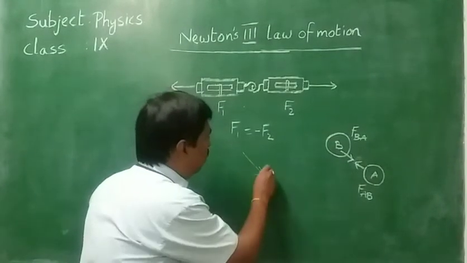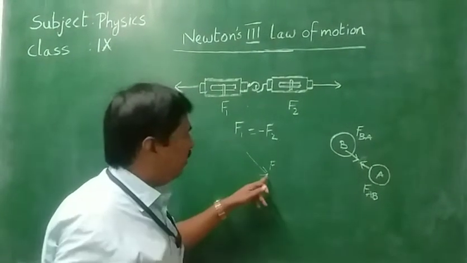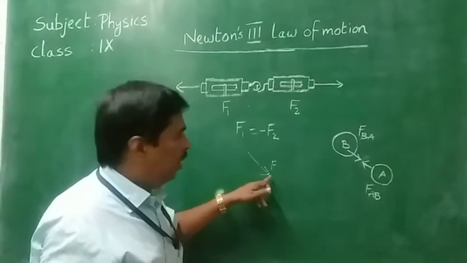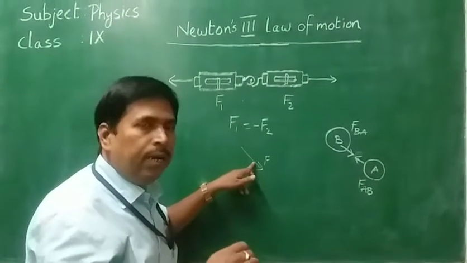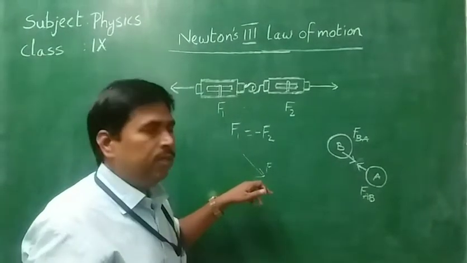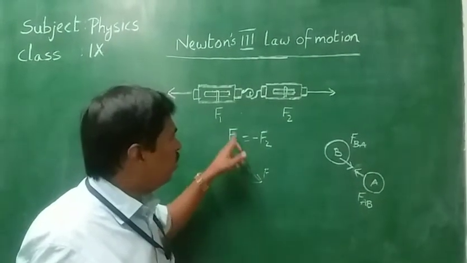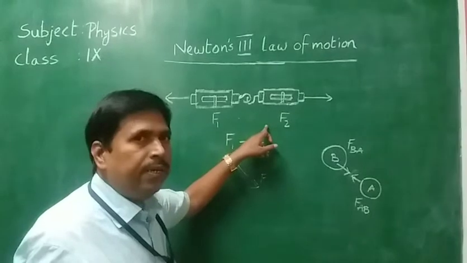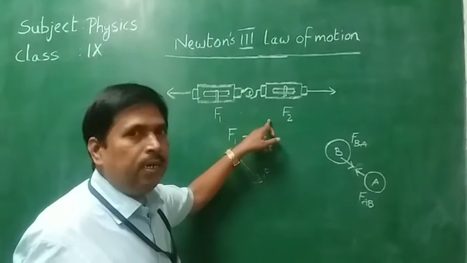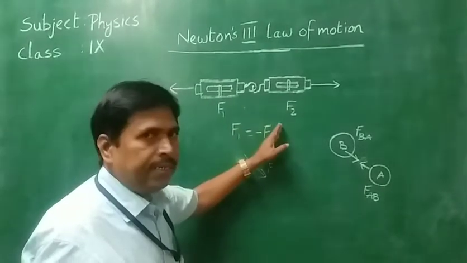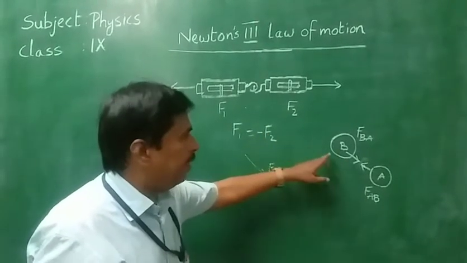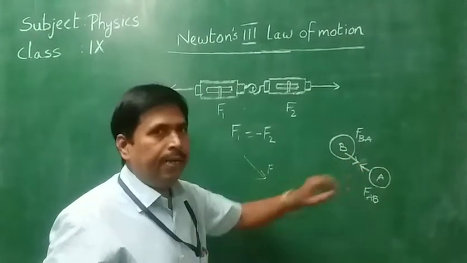You are applying a force on the ground from your feet, and the ground applies an opposite force on your feet, so that you are able to walk freely. These two opposing forces are said to be the action and reaction pair. One is said to be action, another is said to be reaction. So, for every action, there will be an equal and opposite reaction.